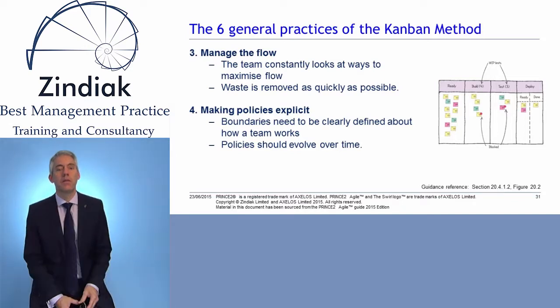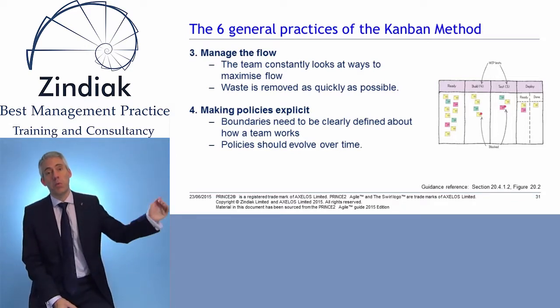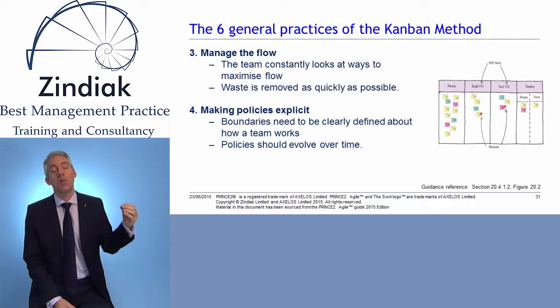process. So it might be, particularly if we were using swim lanes, we might identify that a particular type of development was moving more slowly through the process. It might be because we've only got one developer who is capable of doing that type of development.